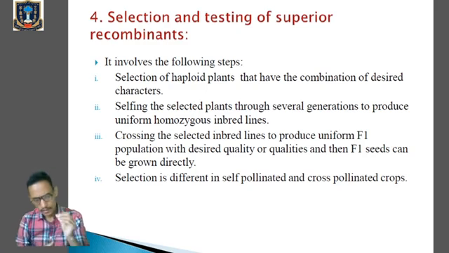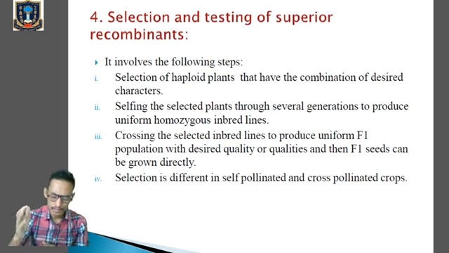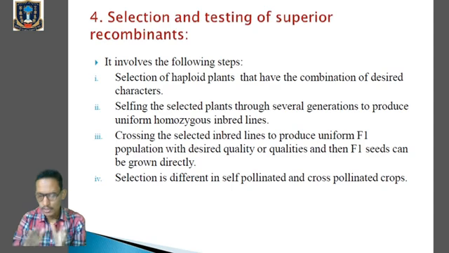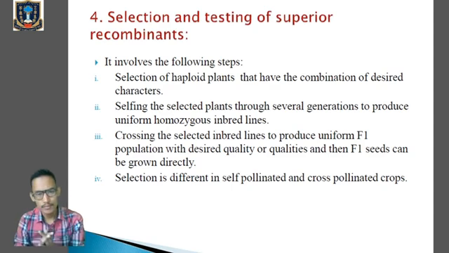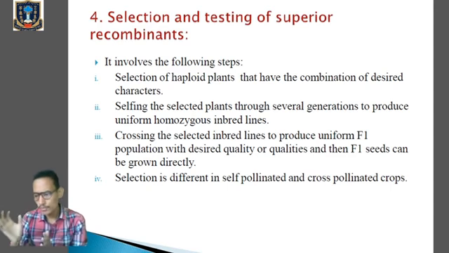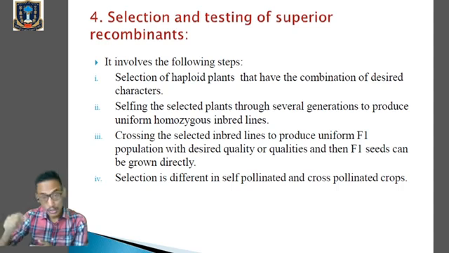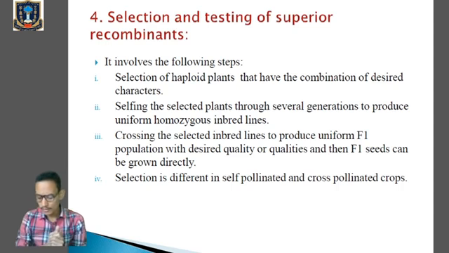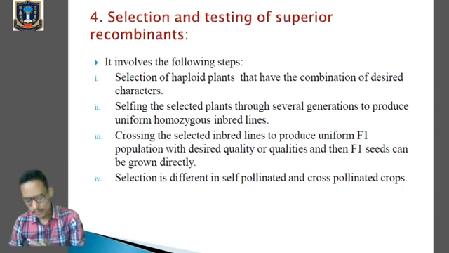It isolates the best homozygous genotypes present in the population. We can separate the best homozygous characters present in the population by selection in self-pollinated crops. Those homozygous genotypes which are selected will represent a pure line, and their selection is called pure line selection.